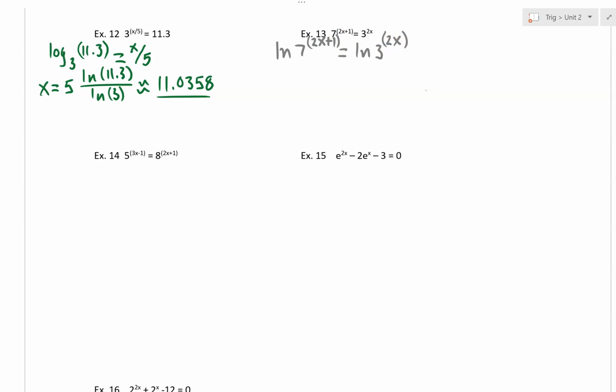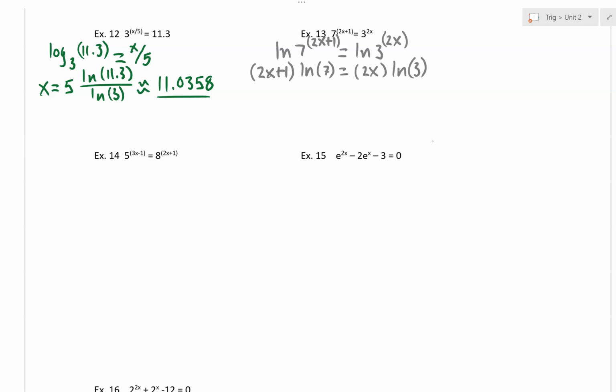And one of the rules that we talked about yesterday was when you have a situation like this, whatever the exponent is can be moved to the front of the term. So we are going to have 2x plus 1 times ln of 7. And over here we're going to have 2x times ln of 3. Now we've gotten rid of our exponent.